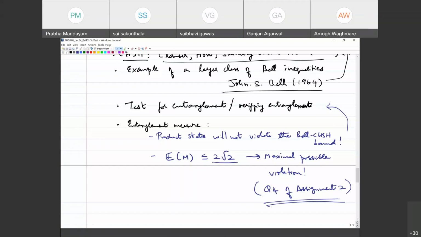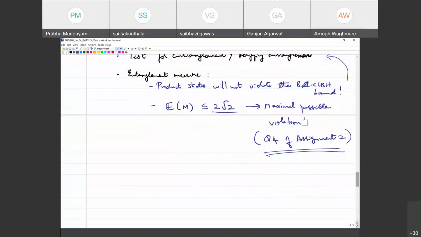Okay? So this is the maximal possible violation, let me say, for qubits. Okay? If I have a pair of two-dimensional quantum systems, I cannot violate the Bell-CHSH bound beyond 2 root 2.